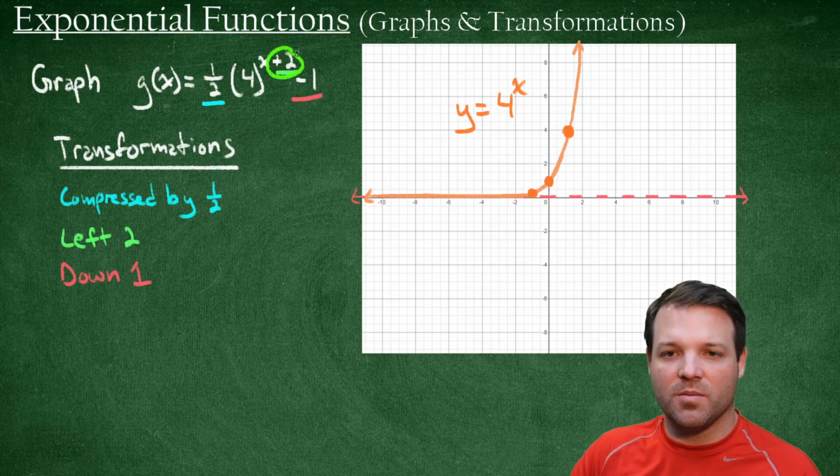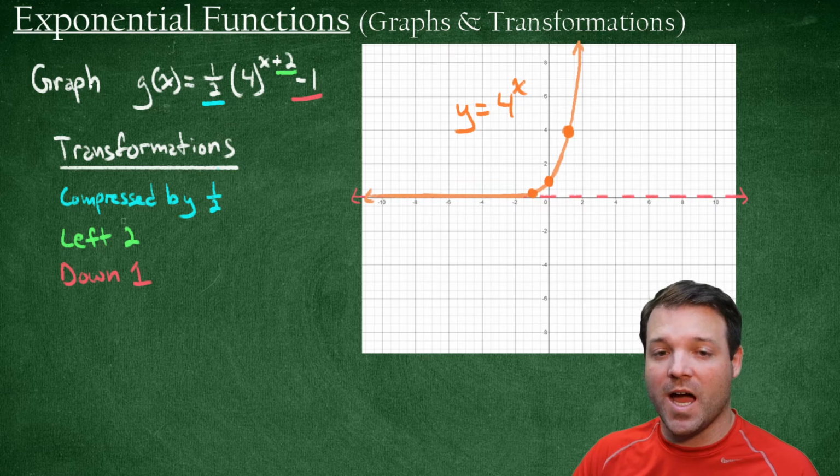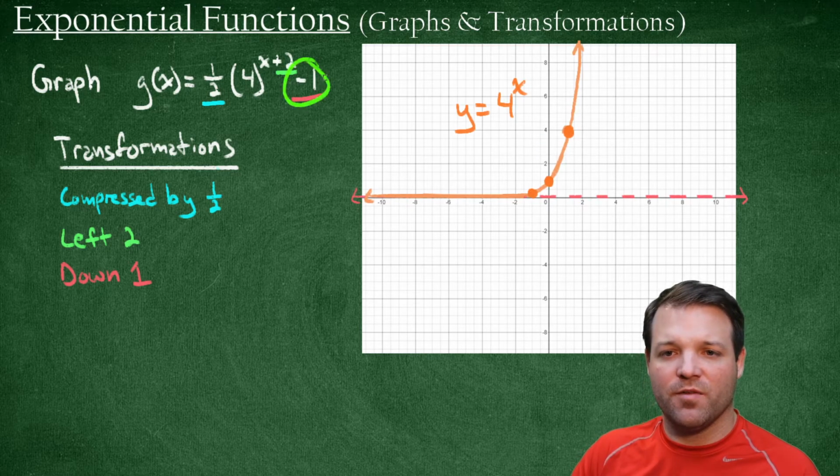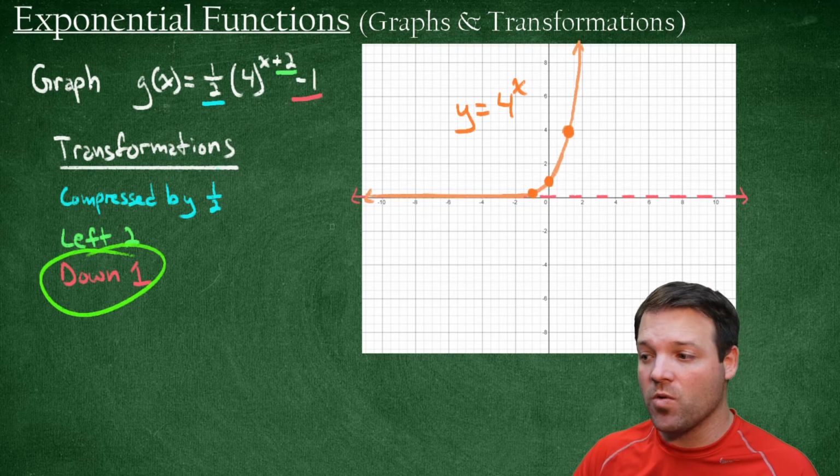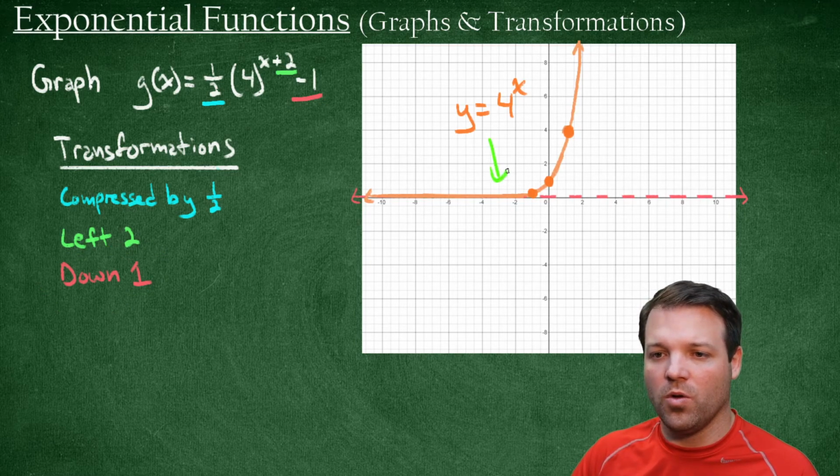My h value is positive 2, so we're going to go in the opposite of the sign. We're going to go to the left 2, so everything is also going to shift to the left. And then finally, I have -1 for k, which means this is going to go down 1. So the whole thing will shift down by 1.